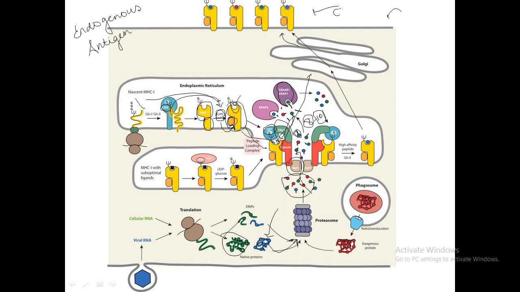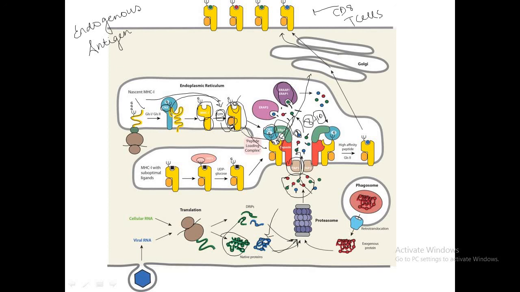T cells having this receptor will come, recognize this and do the clearance function. So in endogenous antigen processing, the proteins are first chopped into pieces in the cytosol via the proteasome complex.